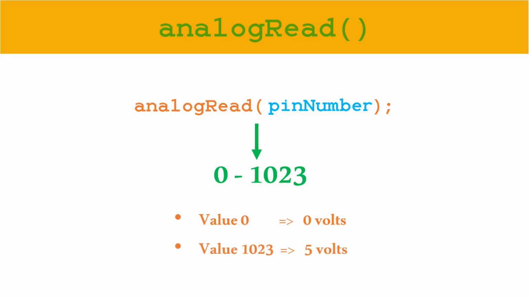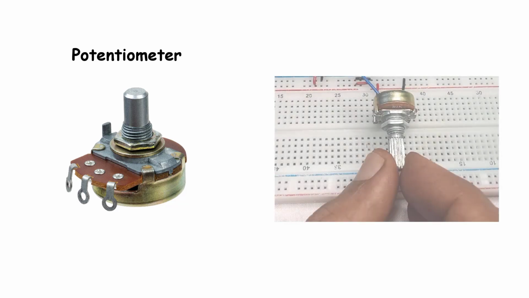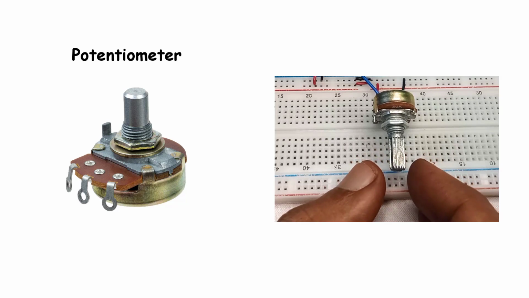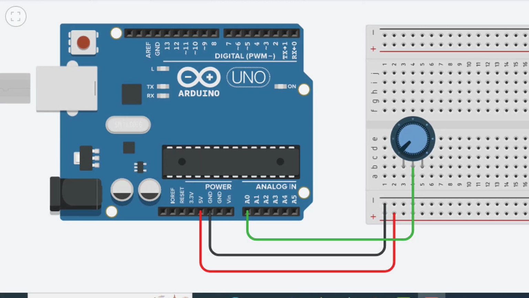To read the analog data, we will use a sensor called a potentiometer. This is a simple analog sensor that acts like a variable resistor. As we turn the knob, its resistance will change, and we can measure that change using analogRead. First, look at the wiring diagram.